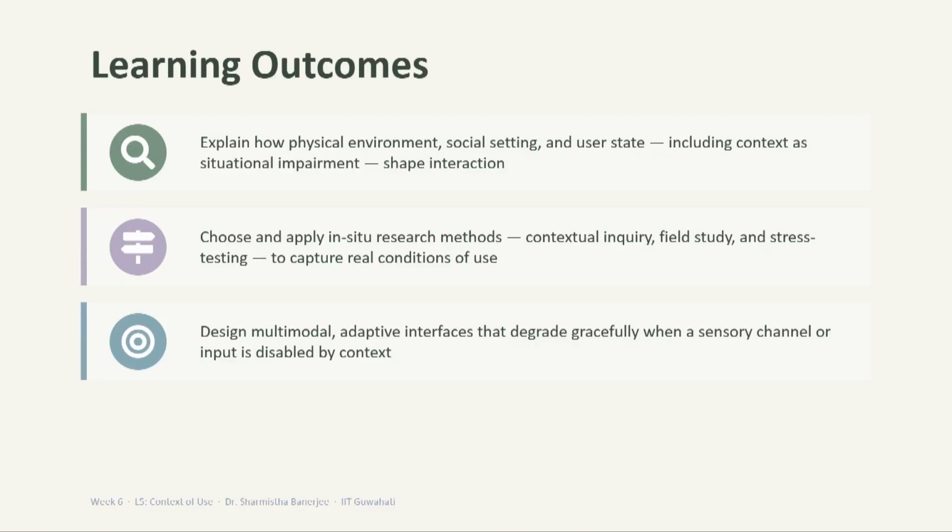The key learning outcomes in this lecture are: we will explain how the physical environment, the social setting, and the user state, including context as situational impairment, shape a particular interaction. Then we will see how to choose and apply in situ research methods, like contextual inquiry, field study, and stress testing, to capture these real conditions of use. Then we will look at designing multimodal adaptive interfaces that degrade gracefully when a sensory channel or input is disabled by context.